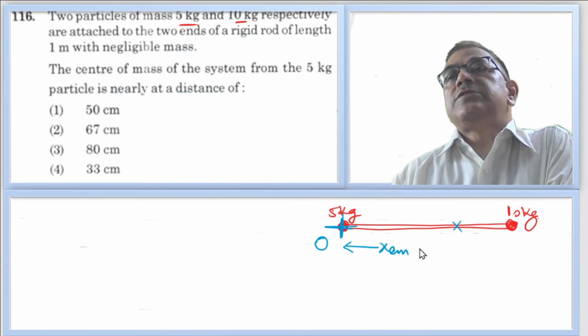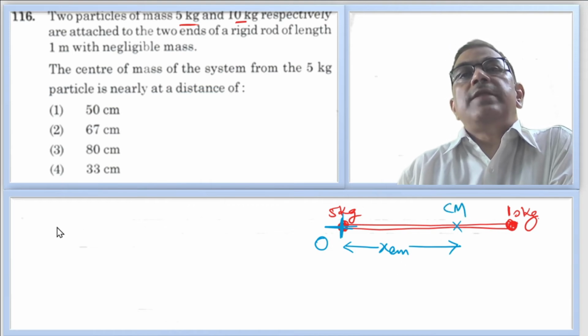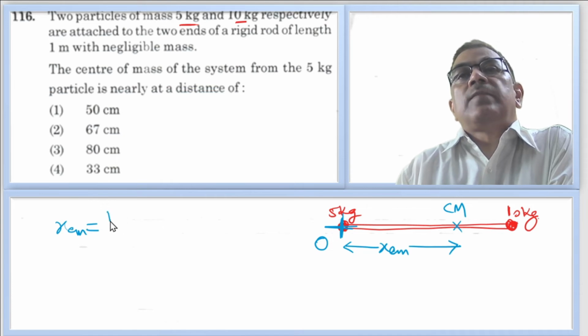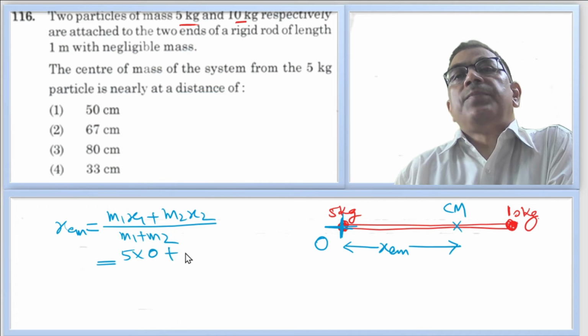If the distance of the center of mass from this origin is xcm, then xcm by definition is given by m1 x1 plus m2 x2 upon m1 plus m2. In the problem, m1 is 5, x1 is 0, m2 is 10, x2 is exactly 1 meter.